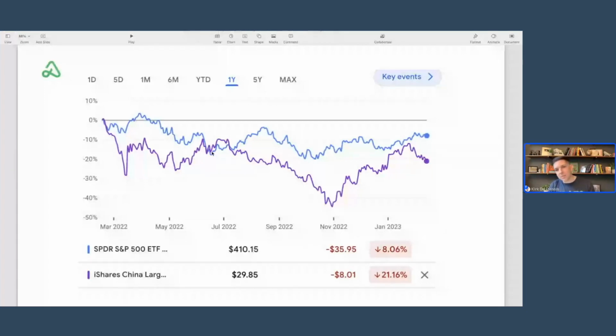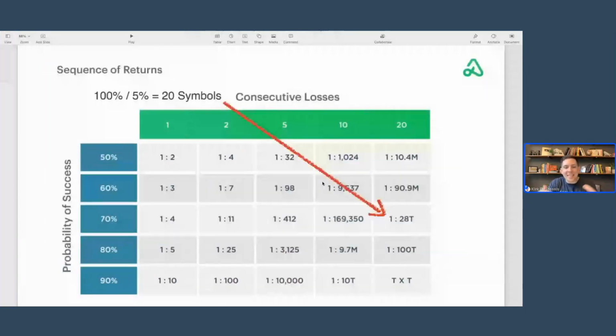They may trend sometimes together, but they don't lockstep move together, because that creates opportunities for you to get lots of sequences of returns baked into one environment. When you have an entire portfolio that is moving together because it's all the same stuff, you are condensing your sequence of returns, right? Your consecutive losses, you're condensing it down to a very small time scale. And this is where you hear people blowing up after like a 10% move in the market.